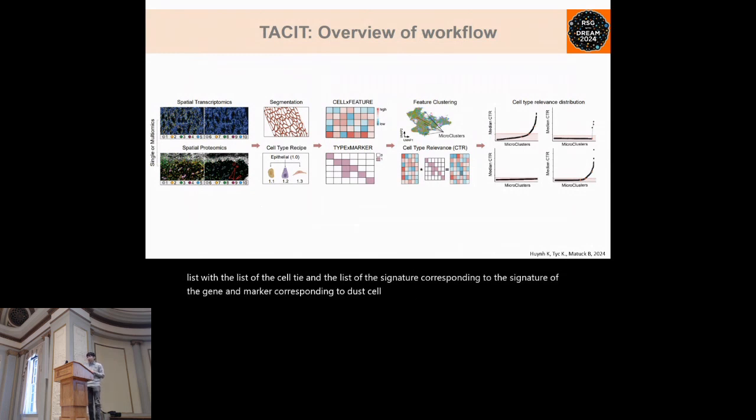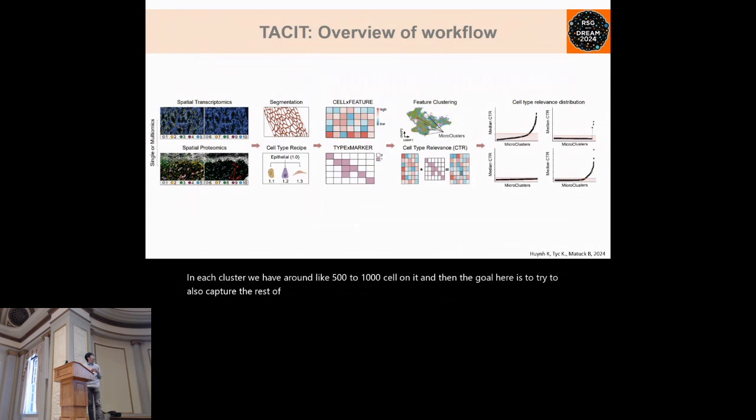And of course, we need the cell feature matrix, and then we do clustering to capture microclusters. We'll have around 100 to 200 very small clusters, each with around 500 to 1,000 cells. The goal here is to also capture the rare cell types.